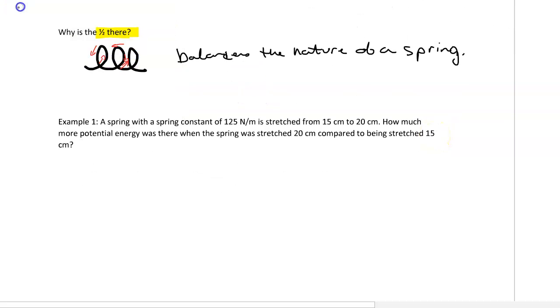One more example here. If we've got a spring constant and it's stretched from 15 to 20 centimeters, how much more potential energy does it have?